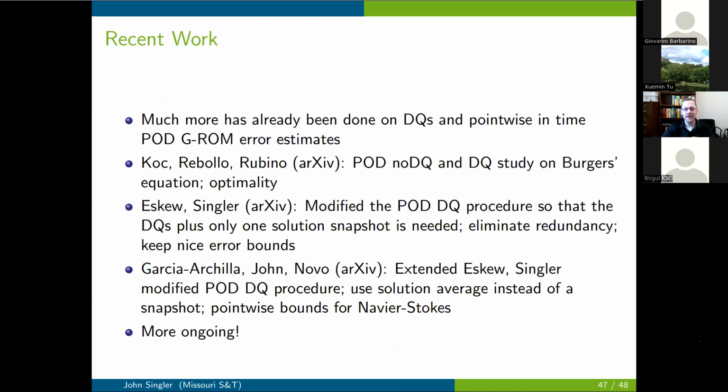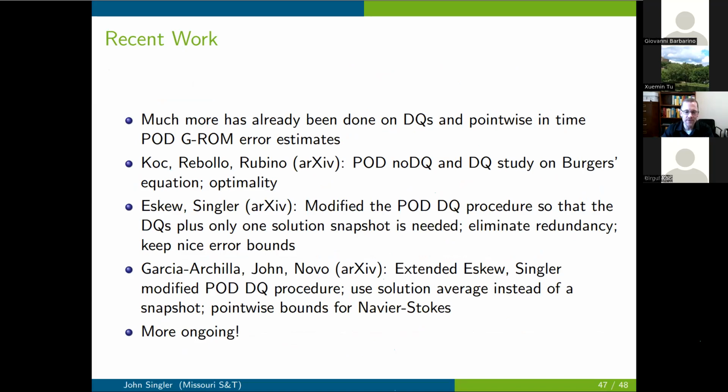So let me at least mention a couple of recent works here, on these difference quotients, pointwise in time error bounds, and other types of data approximation errors. There's a few papers on arXiv looking at Burgers' equation, Navier-Stokes.